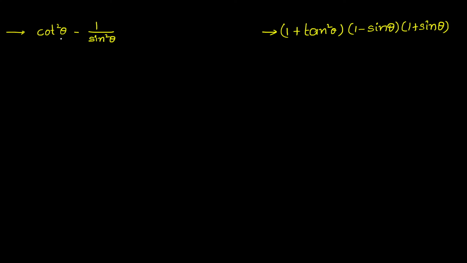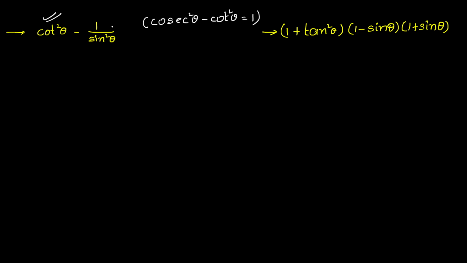Coming to the next question: cot square theta minus 1 by sine square theta. If we see cot square theta, then you must remember identity 3, which is cosecant square theta minus cot square theta is equal to 1. But we have cot square theta and we don't have cosecant here.